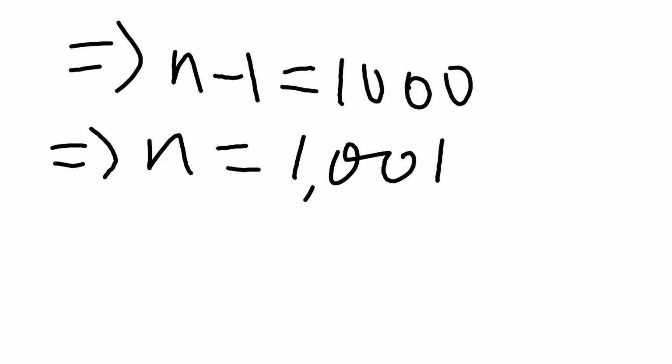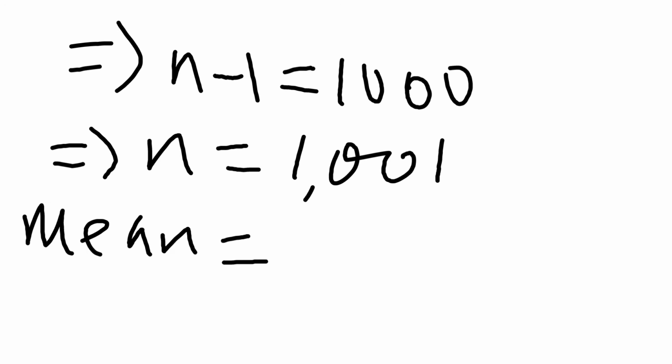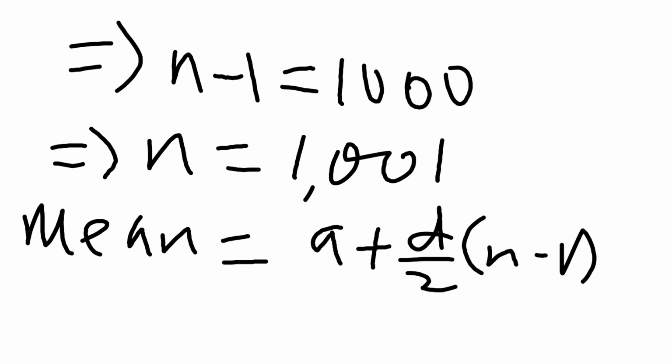So now, by employing the formula we derived earlier, the mean is a plus d over 2 into n minus 1. And what is our a now?